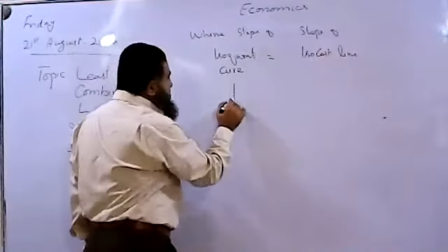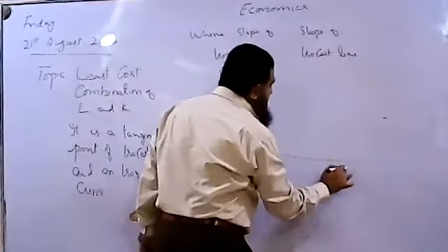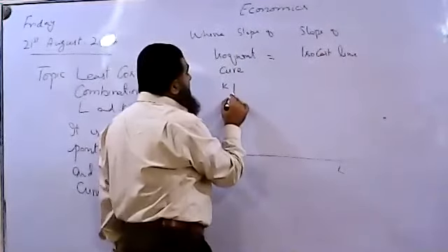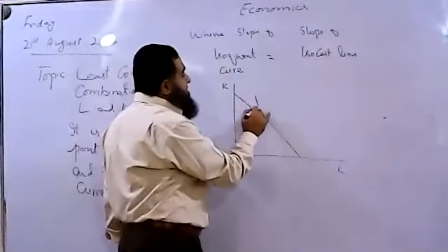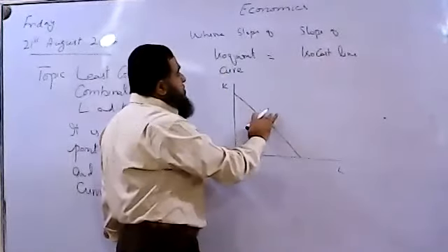Now can I draw it for you people? This is the isocost line and this is the isoquant curve.